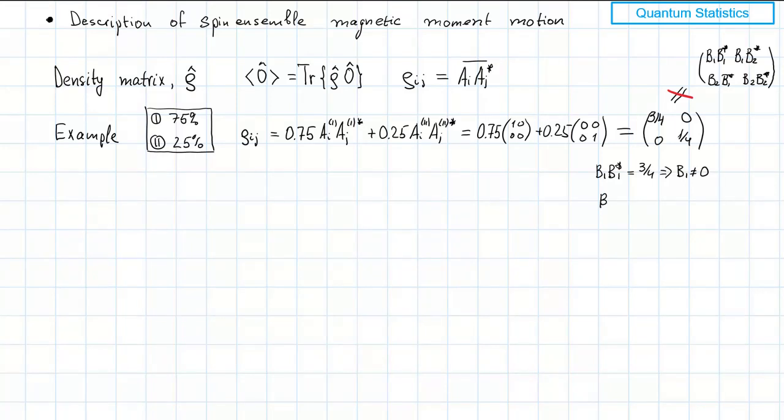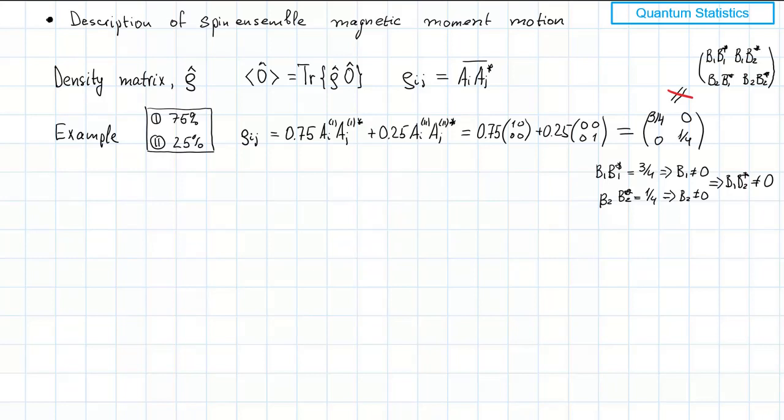Also, B2 multiplied by B2 star is equal to 1/4, which means that B2 is also not equal to 0. It means that B1 multiplied by B2 star, which is the off-diagonal element of our density matrix, is not equal to 0.